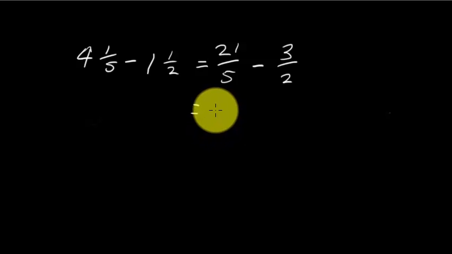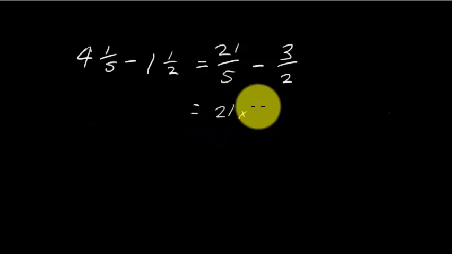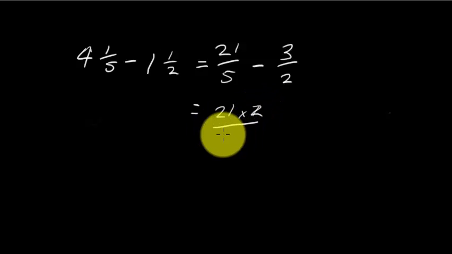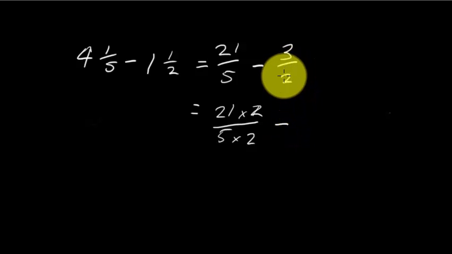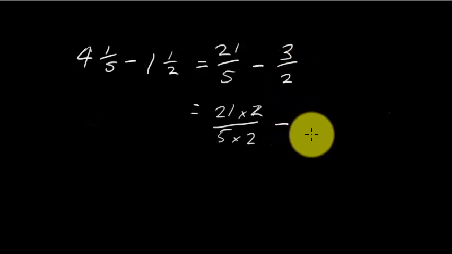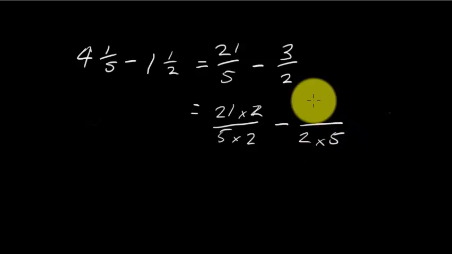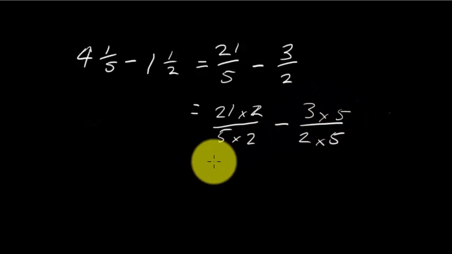So we can times 21 by 2 and 5 by 2 to get to 10. And then we have to times 2 by 5 to get to 10. So 2 times 5, and also times 3 by 5 as well. Okay, and we can work these out now.